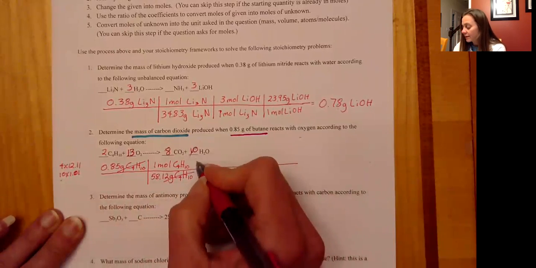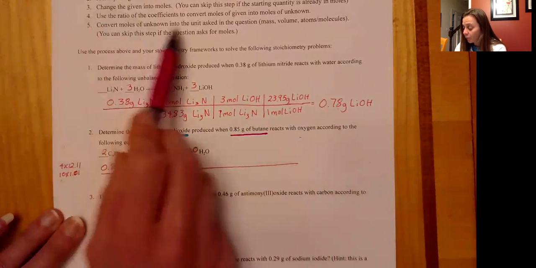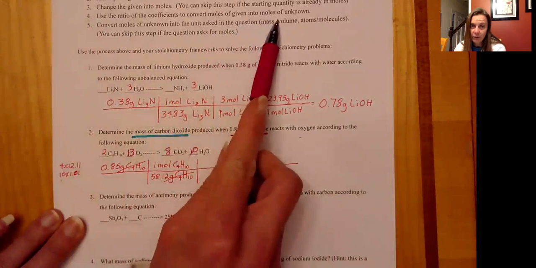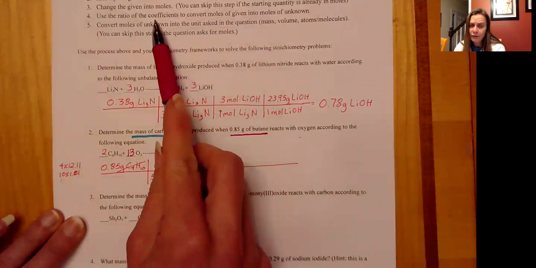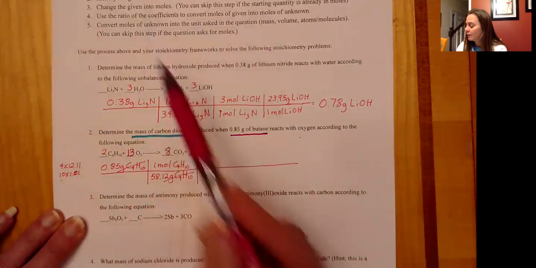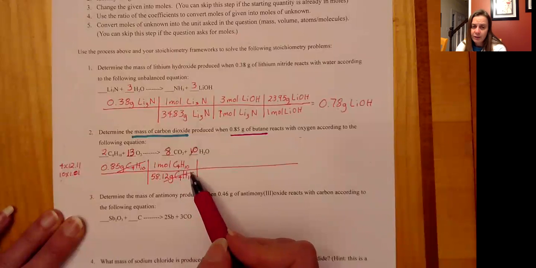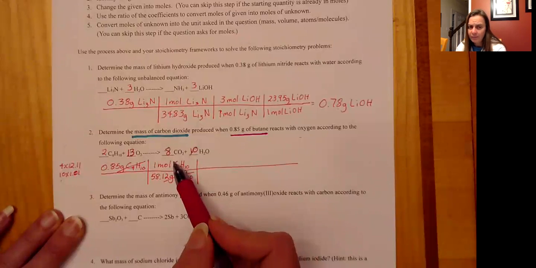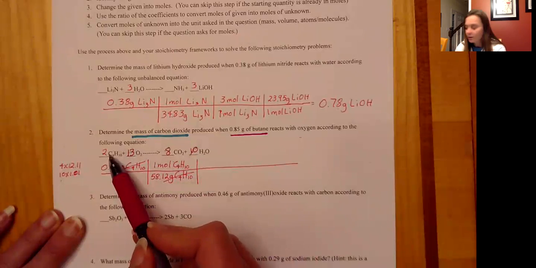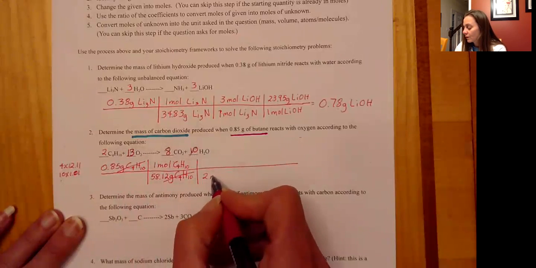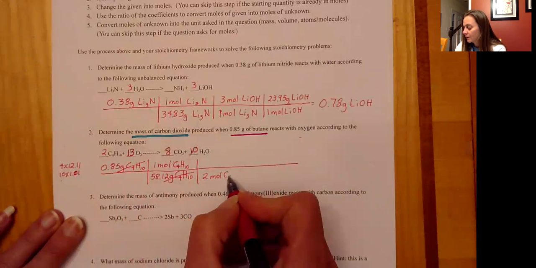And my next step is to change moles of given into moles of unknown using the coefficients from my balanced chemical equation. So I know I want C4H10 on the bottom because it's currently on the top. So I look at my balanced chemical equation, 2 moles of butane.